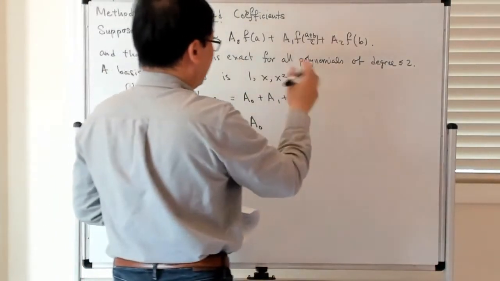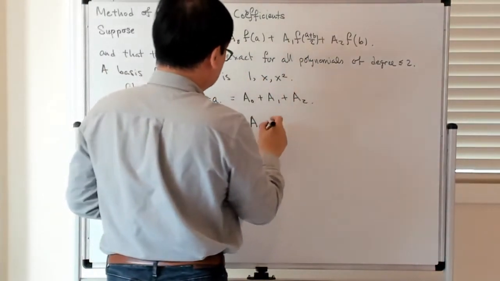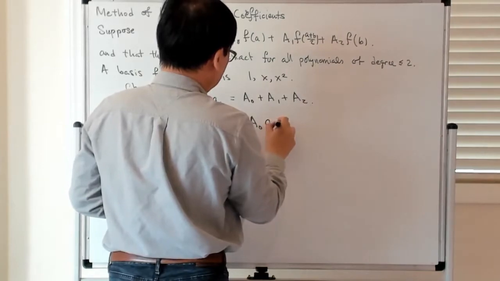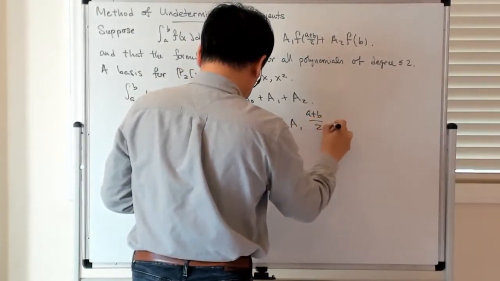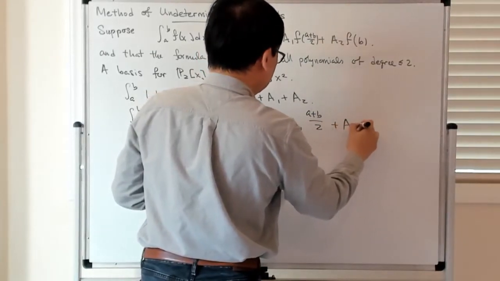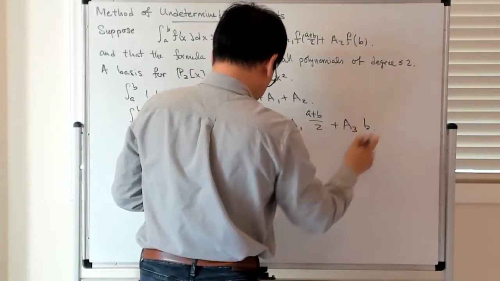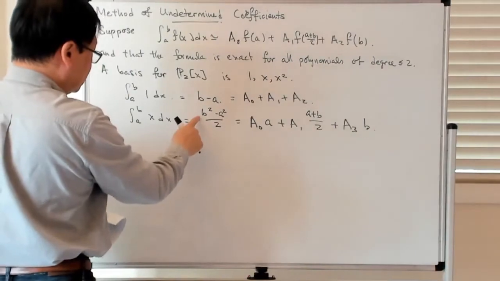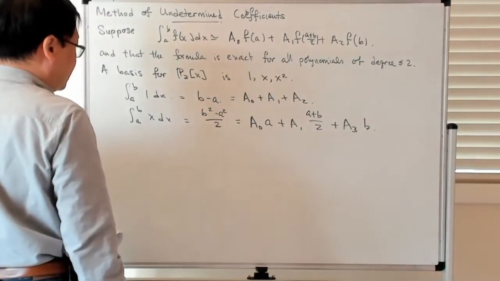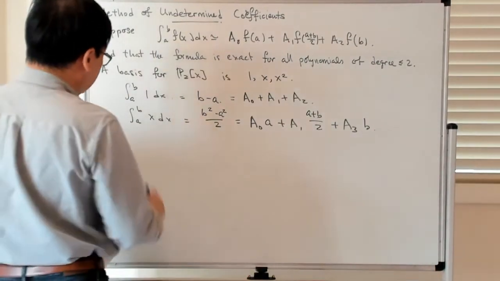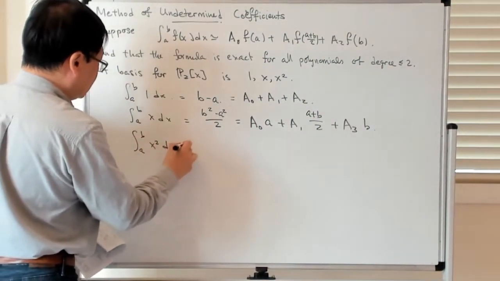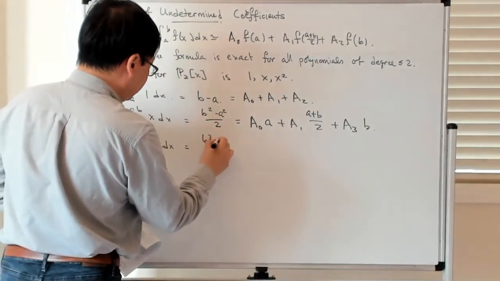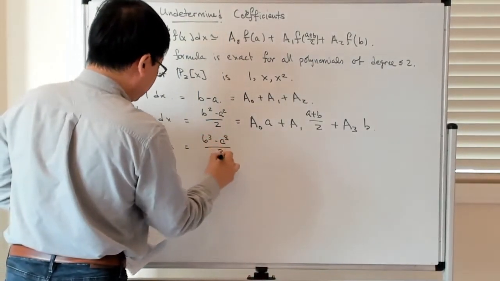And f of x now is x, so this gives you a0 times a plus a1 times (a plus b)/2 plus a2 times b, and that's equal to b squared minus a squared over 2. And then the integral from a to b of x squared dx is equal to b cubed minus a cubed over 3.